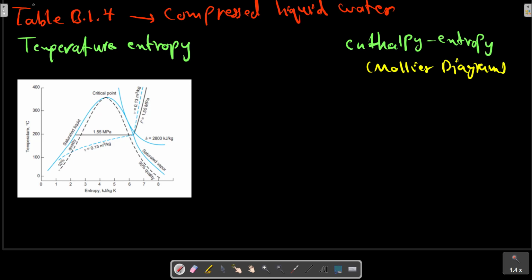The general features of such diagrams are the same for all pure substances. A more complex temperature-entropy diagram for steam is shown in Appendix E. We also have a diagram for enthalpy and entropy, as in this picture.